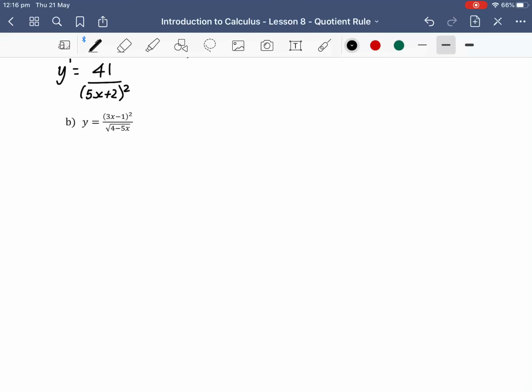Now for b, we have 3x minus 1 all squared all over the square root of 4 minus 5x. So we again are writing this shorthand, so y dash equals v u dash minus u v dash all over v squared, which we need to state what our u equals.